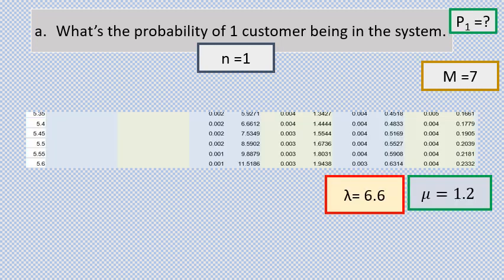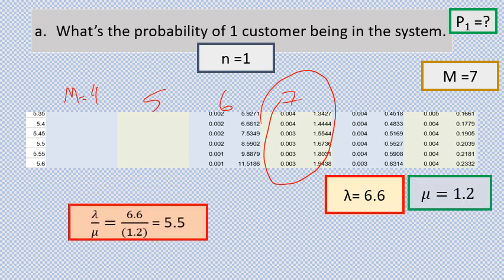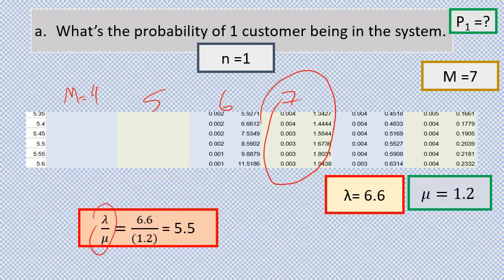So now this is our table. Our table here is for m equals 4, 5, 6, 7. We have m equal to 7, so this is where we want to be. We just have to calculate the ratio. The ratio is lambda over mu, which happens to be 6.6 divided by 1.2.